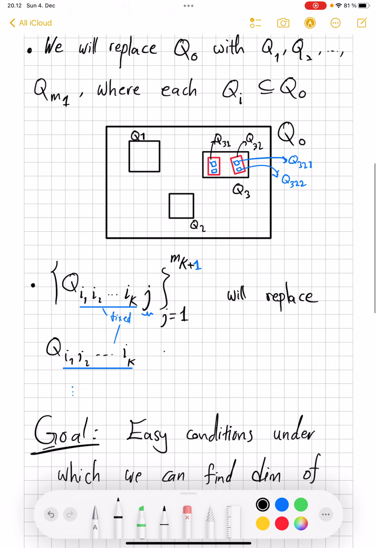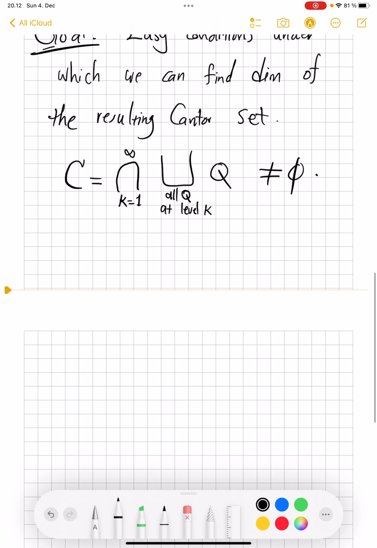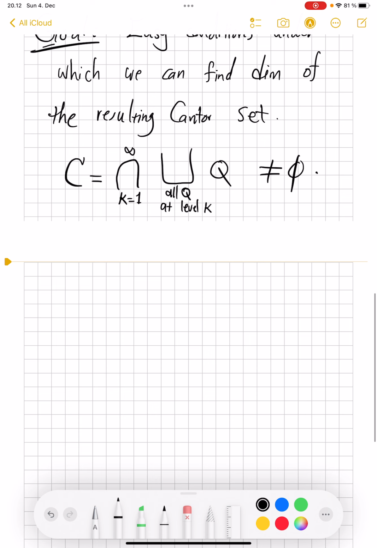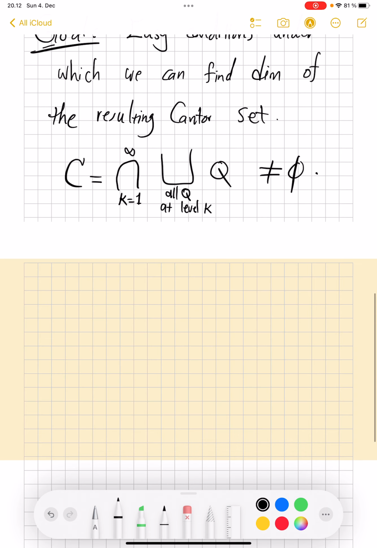Okay, so what conditions should we have to be able to find the dimension of that? And this section that I referenced is exactly answering that question.